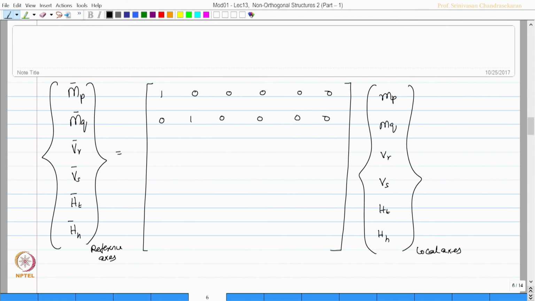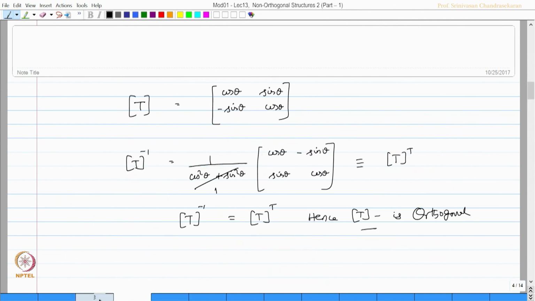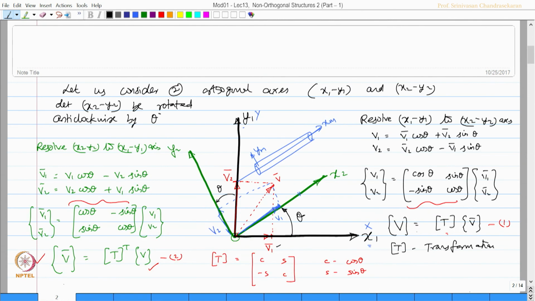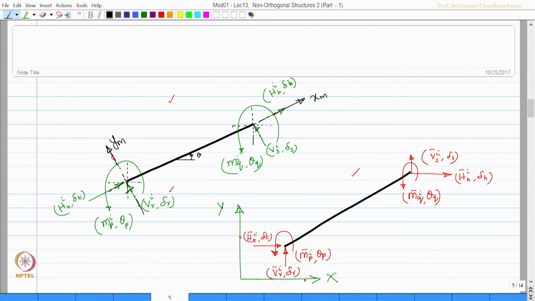Okay. Let us talk about V bar r. We just now did this transformation of transforming any two values of V, horizontal and vertical. So, we will use that logic now and say that V r bar will be actually equal to, you can write it here, V r bar, okay, will be actually equal to V r cos theta, is it not, plus h t sin theta, is it not.